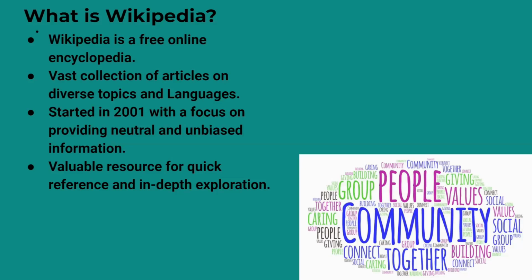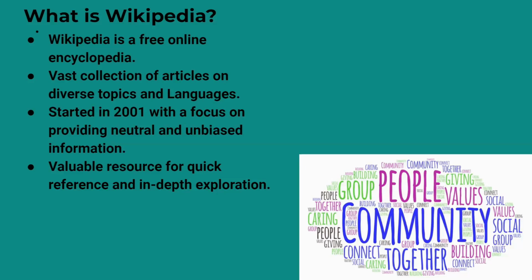Just like we have dictionaries of several languages, you have dictionaries of other subjects as well, like physics and chemistry. So it is of diverse topics and languages. We have Yoruba, Hausa, Igbo, and so many languages on Wikipedia. So it is not a collection of just the English language.